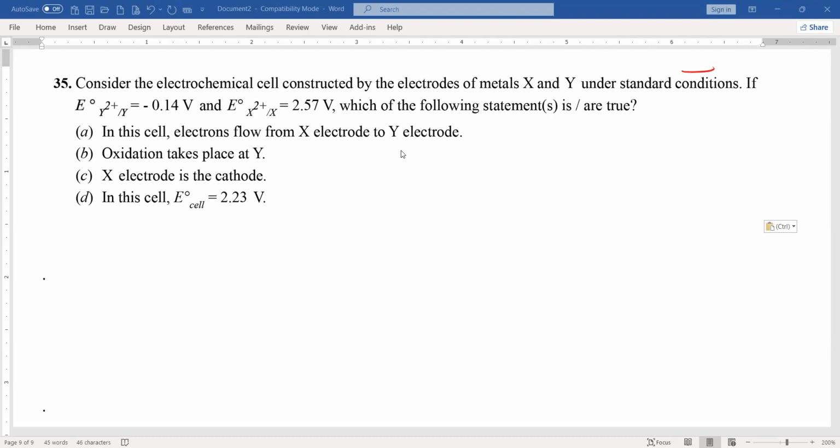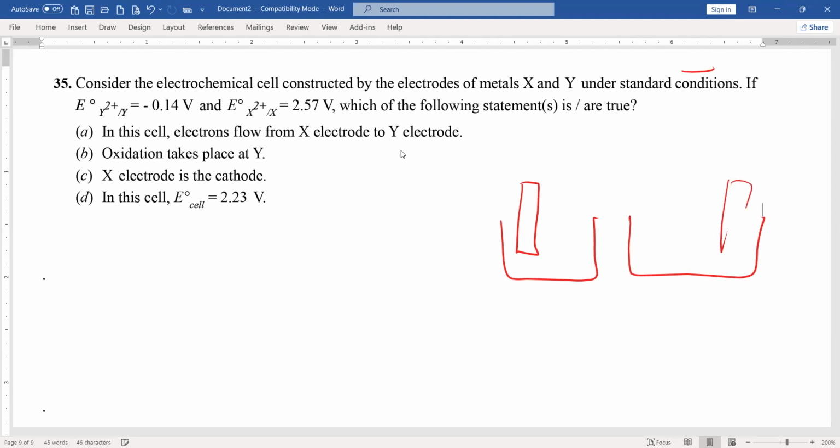In this cell, electrons flow from... a simple arrangement. Here Y is the oxidizing one. This is the X metal, X2 plus ion. Here Y2 plus ion, and this is Y. Then we connect that using a salt bridge.